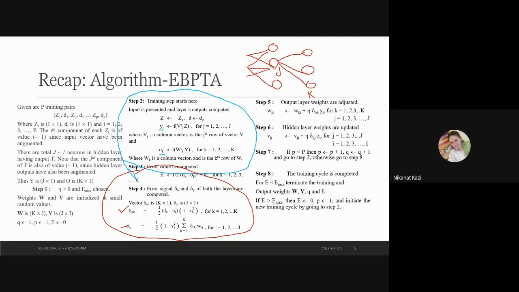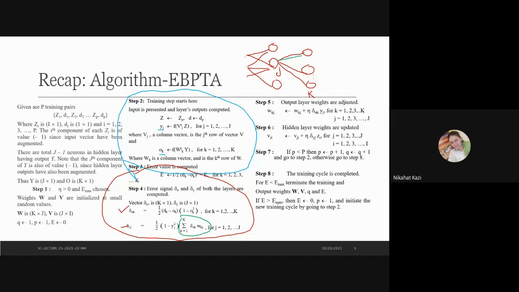So when I talk about a particular neuron, the jth neuron in the hidden layer, the small j that I see here, how will I compute this particular term? I'm talking about this term. How am I going to compute it? It will be all the error signals which are coming into it, right?